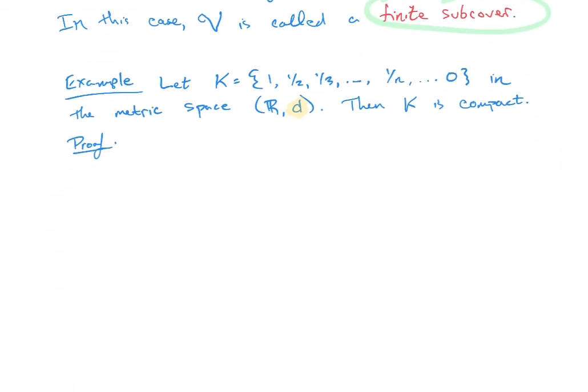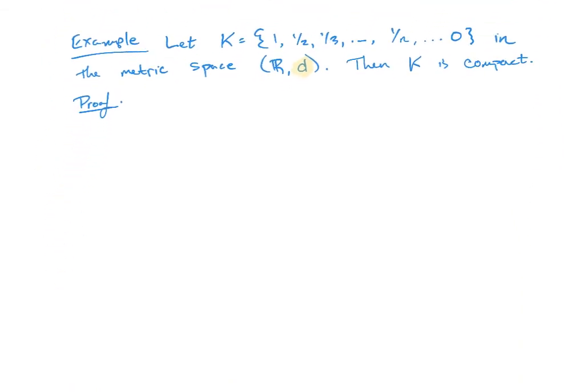Okay, so let's go down here, back to our example. We are going to take an open cover. So let script U be an open cover of K. Now every point in K is contained in at least one of the sets of script U, and all the sets in script U are open.